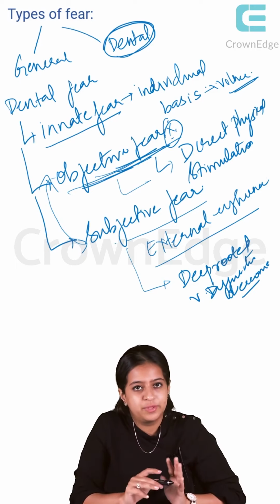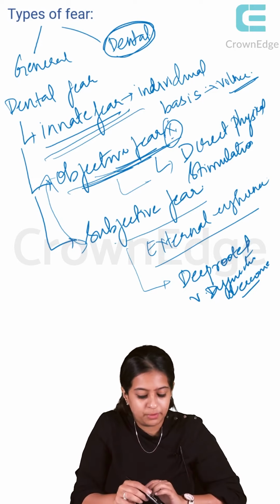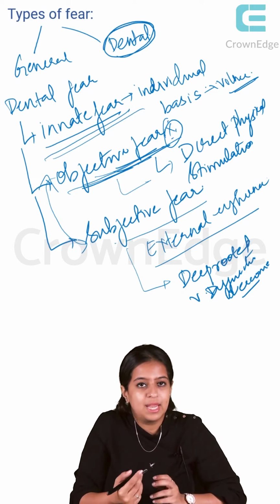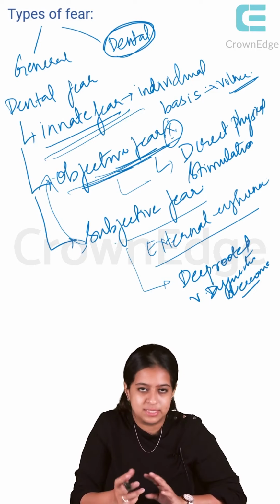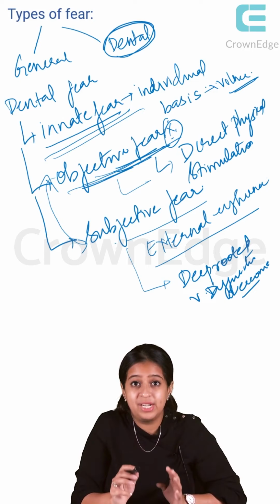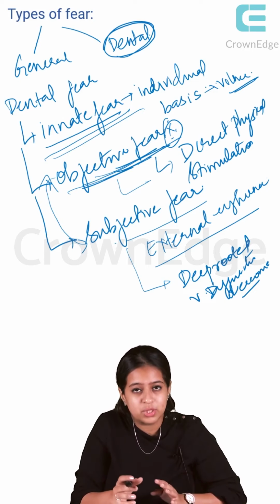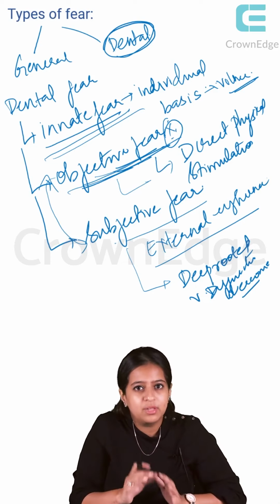So remember this. Innate fear is on an individual basis. That is very clear. Objective and subjective, they can ask any type of questions. They can put in a clinical scenario and ask what type of fear it is. Remember, objective is only by direct stimulation: when the child sees it, undergoes it, or smells it, or any external stimulation is bothering the child.